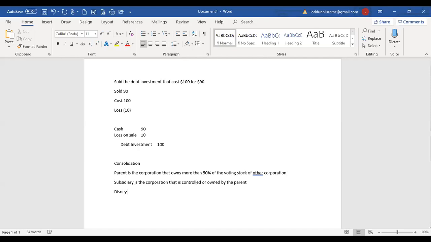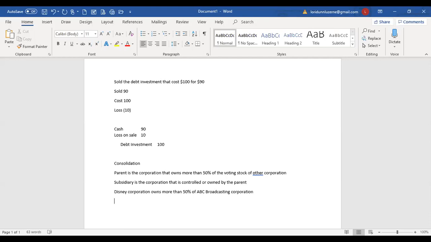Disney Corporation, in reality, owns more than 50% of ABC Broadcasting Corporation. They are two separate corporations. ABC Corporation is still a separate corporation from Disney Corporation. It's just Disney Corporation owns more than 50% of the voting stock, so it controls it.